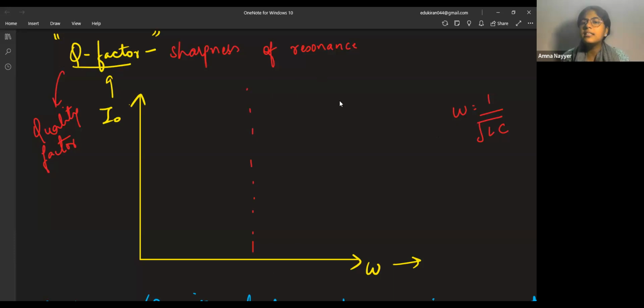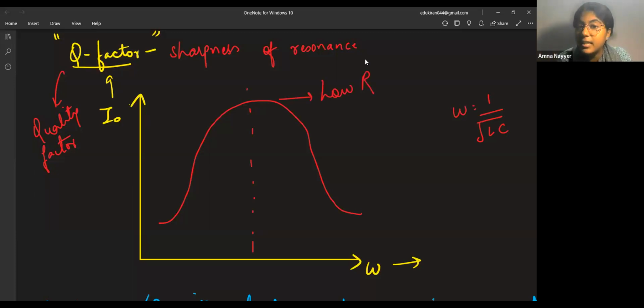Why? Because resonance is actually determined by the resistances. XL and XC both are actually the resistances of the circuit. So at the highest value of current, the resistance will be very less, right? The resistance will be very less when the current will be more.